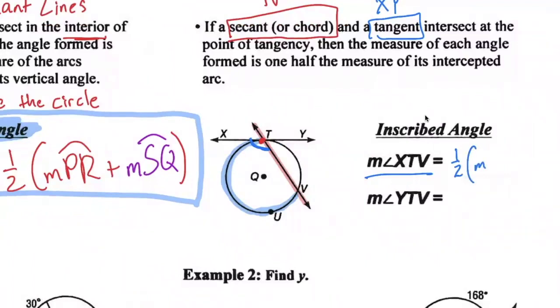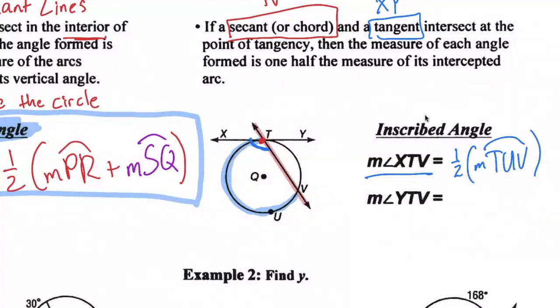Keep in mind, don't just say TV. Don't write that here. TV would be wrong, because remember, major and minor arc. This blue one is obviously a major arc, so you're going through 3 points, T, U, and V. So T, U, V, that arc.